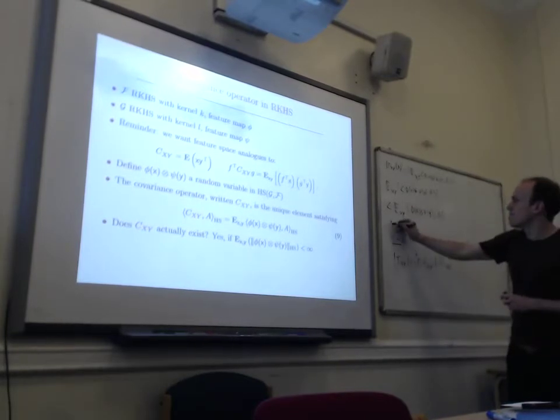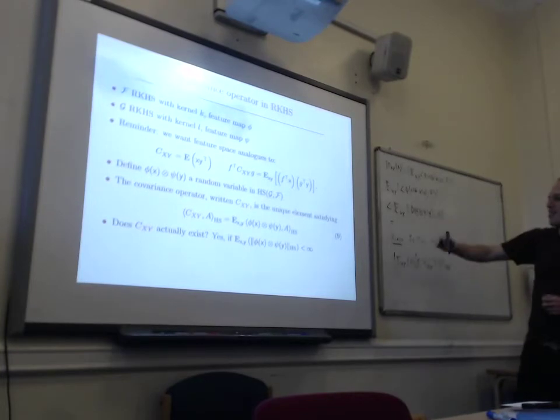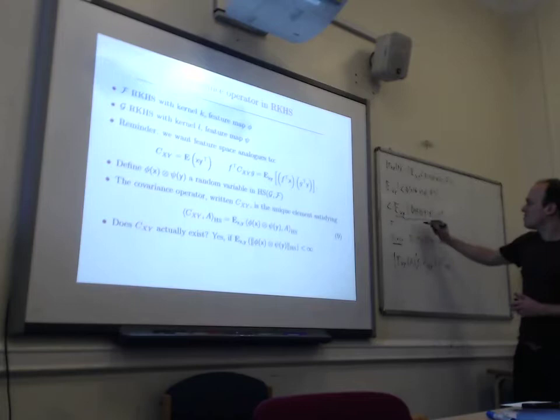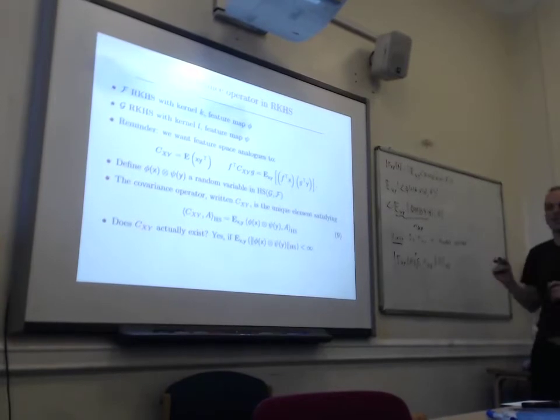And this is equal to, well, you've already got this answer here. So if this thing here is my lambda_xy, it only depends on x and y, it doesn't depend on A. So we're done.